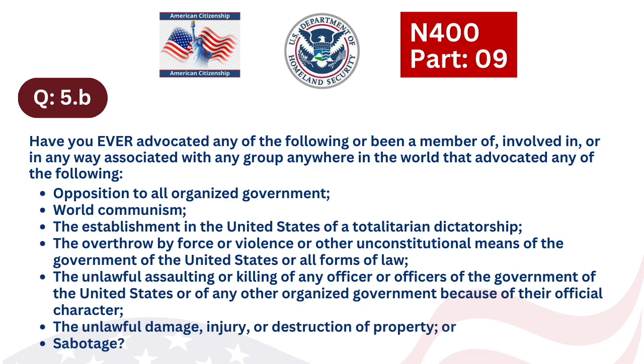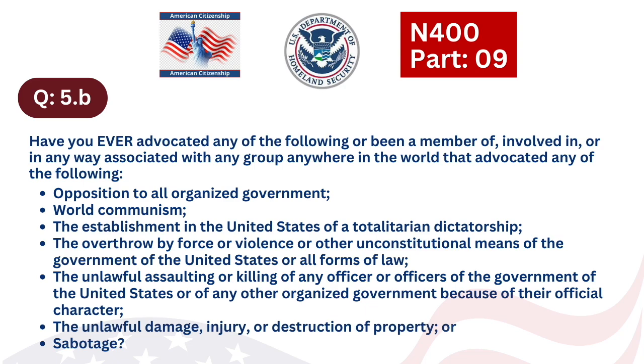Have you ever advocated any of the following, or been a member of, involved in, or in any way associated with any group, anywhere in the world, that advocated any of the following? Opposition to all organized government. World communism. The establishment in the United States of a totalitarian dictatorship. The overthrow by force or violence, or other unconstitutional means of the government of the United States, or all forms of law.